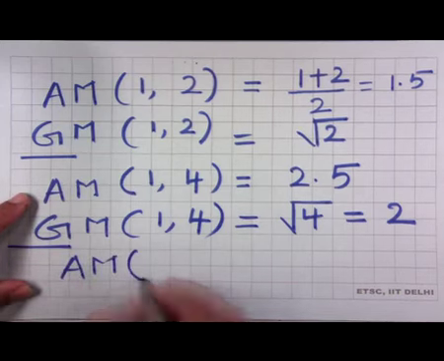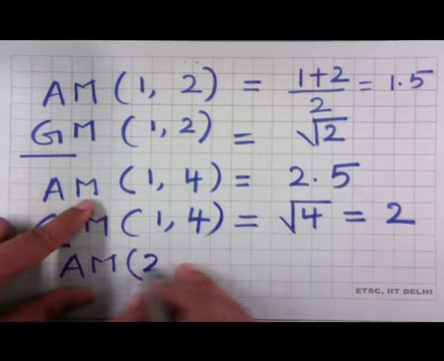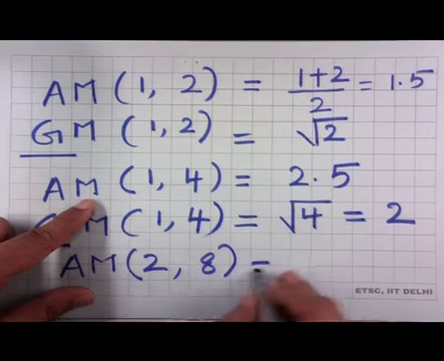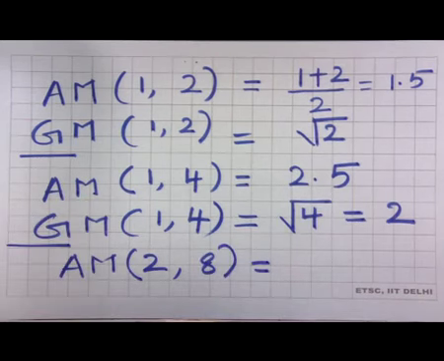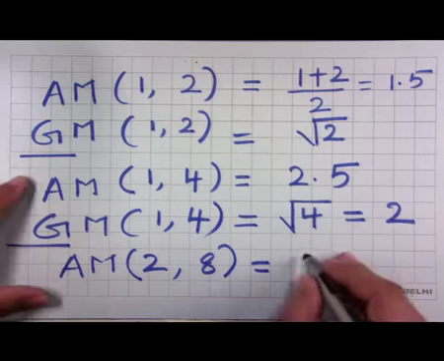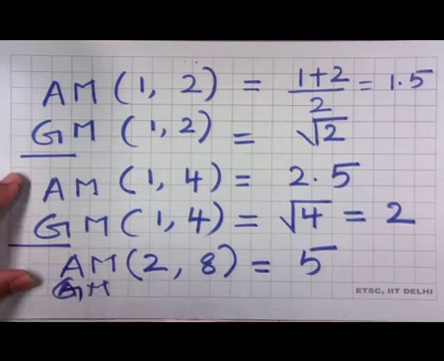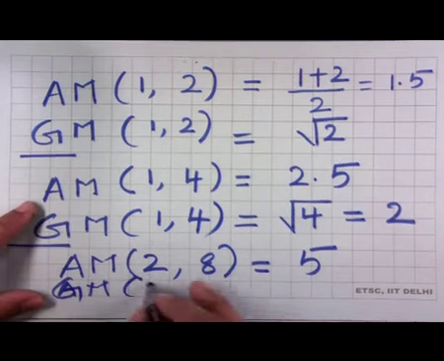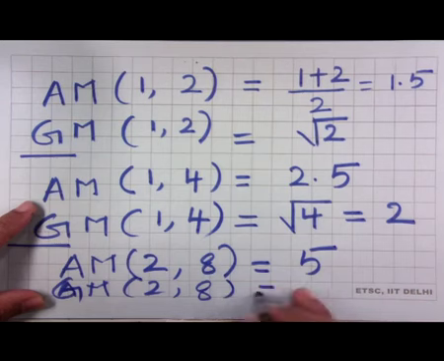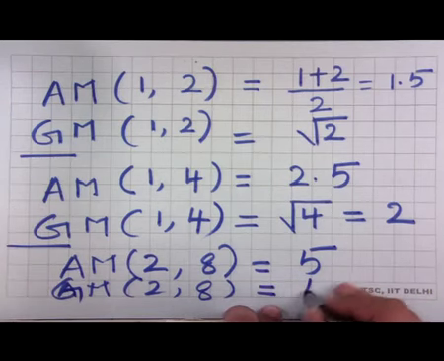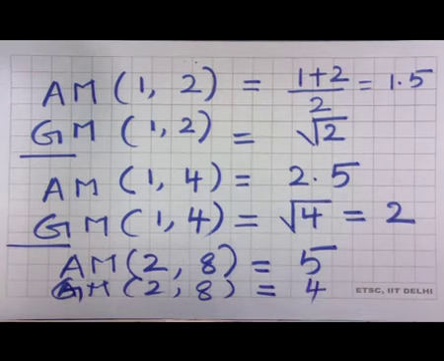Arithmetic mean of 2 and 8 is 2 plus 8 by 2, which is 5, and geometric mean between 2 and 8 is 4. You can play with more numbers.